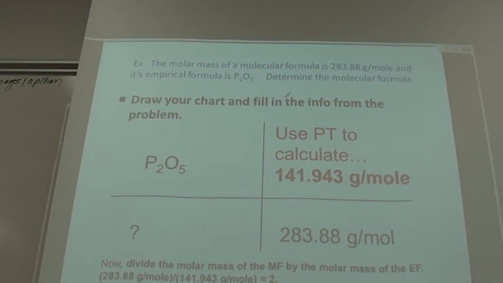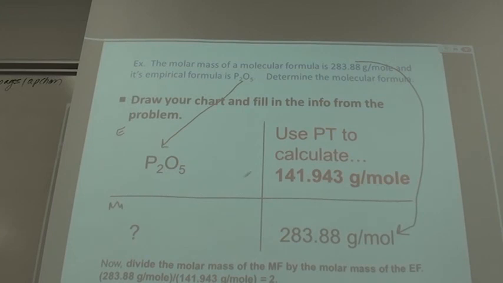What's the molecular formula? You say, oh, I can figure this out. So let's fill in what we know. Somebody told us here's the empirical formula, and somebody told us here is the molecular mass.